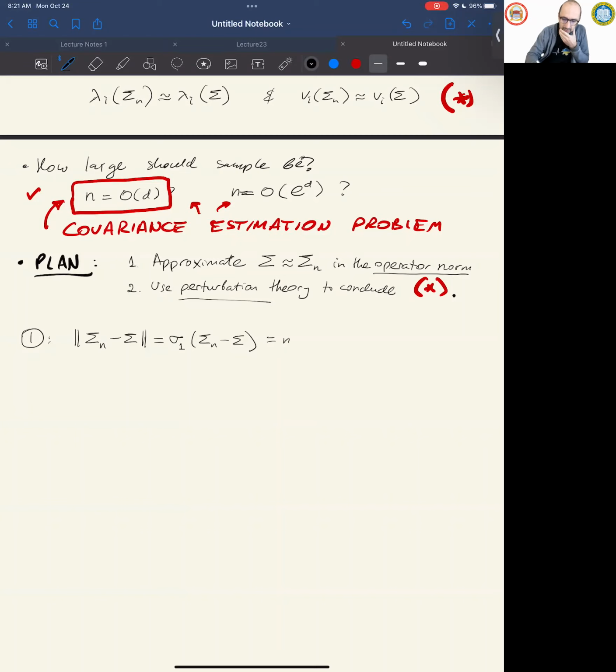So this is the same as the maximum absolute eigenvalue of sigma n minus sigma. And we can compute the top eigenvalue by maximizing the canonical standard quadratic form, v transpose times the matrix times v, over all unit vectors v.